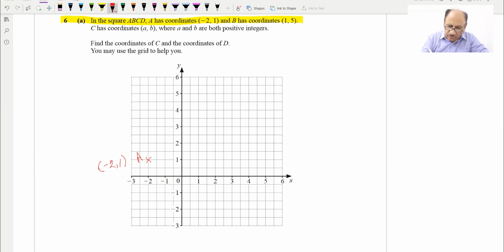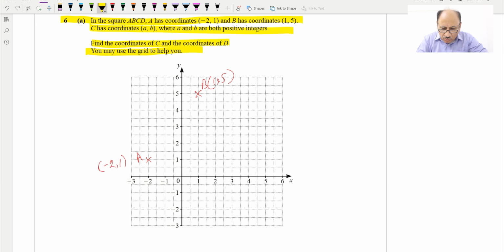So 1 and 5 will be this one, and this is B. This is also drawn. And then they're saying C has coordinates a and b, where a and b are both positive. Find the coordinates of C and the coordinates of D.